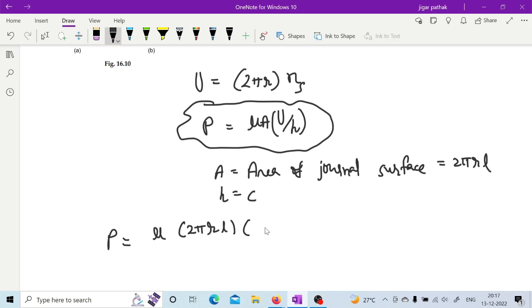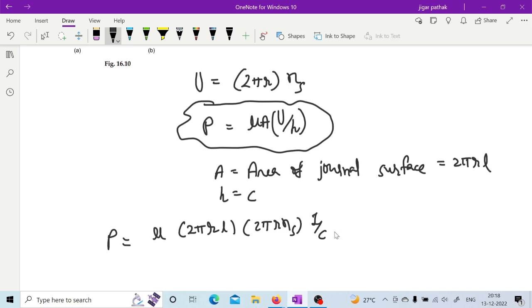Then u, as we have mentioned, that pi dn, that is 2 pi r ns, and h as we have considered as c.